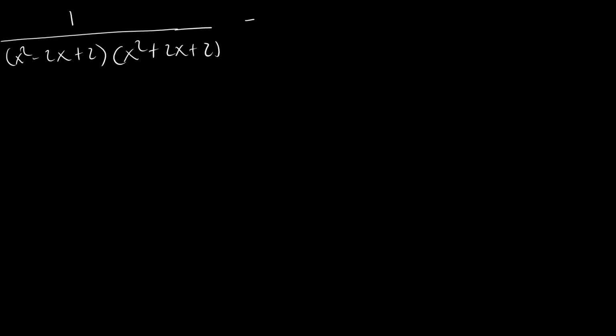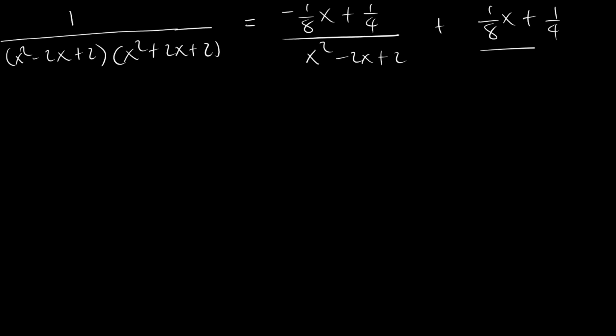So what do we see? We see that 1 over x squared minus 2x plus 2, x squared plus 2x plus 2 is equal to negative 1 over 8x plus a quarter over x squared minus 2x plus 2, plus 1 over 8x plus a quarter over x squared plus 2x plus 2.